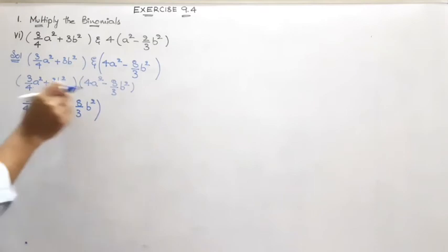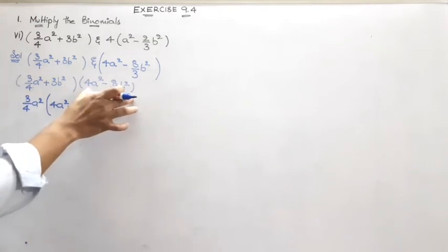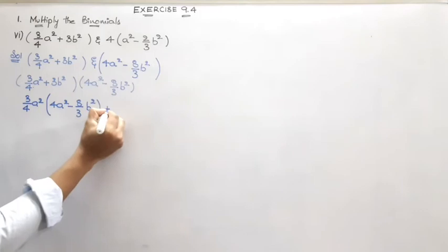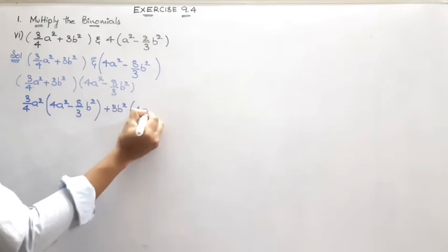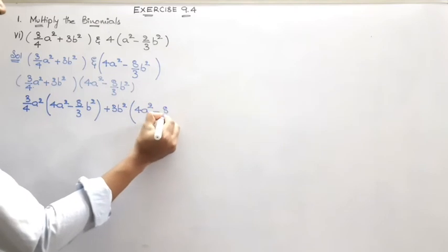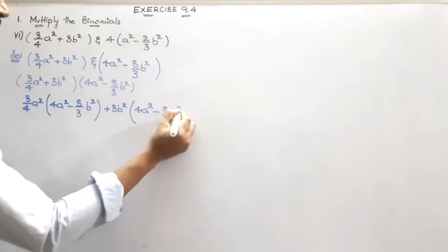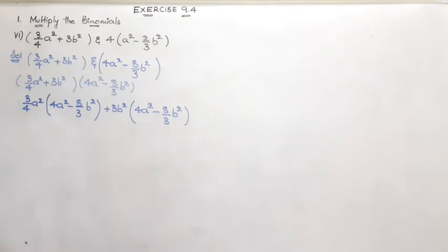The first term with the complete second binomial, plus 3b square multiplied by 4a square minus 8 by 3 b square.